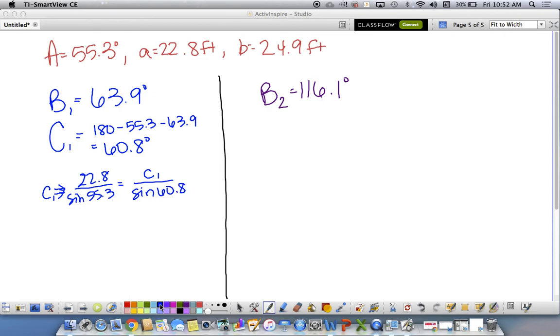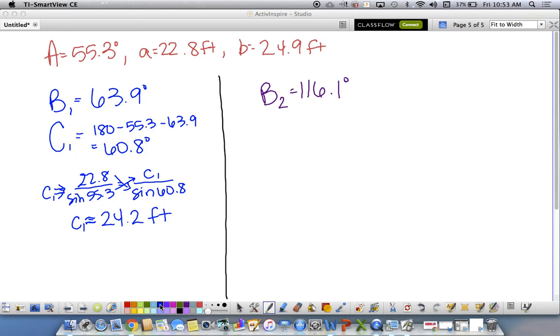When I cross multiply, same process, little c1 is approximately 24.2 feet. For the first triangle, we have our given information, angle A and side B. We found the other two missing angles and the side. We're done with that one.